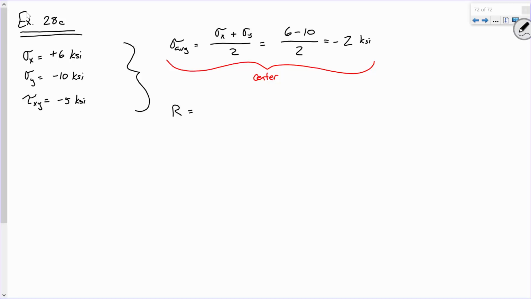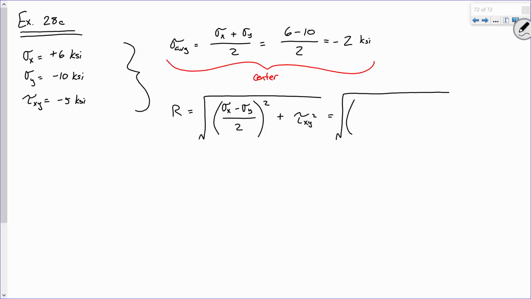All right. Okay, now what's r? R is, let's see, the square root of (sigma x minus sigma y) over 2 squared plus tau xy squared, equals the square root of ((6 plus 10) over 2) squared plus (minus 5) squared.